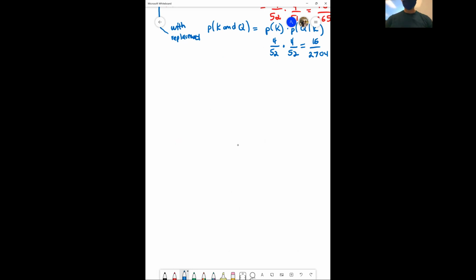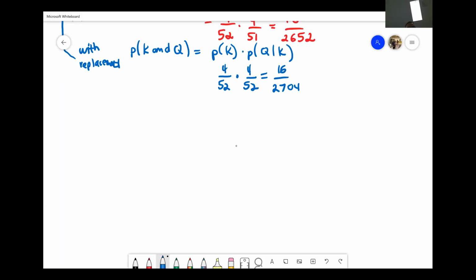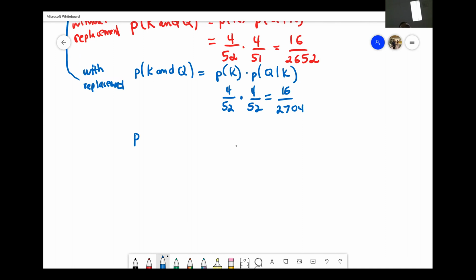Okay, so I'll give you this situation. What's the probability that when I toss a coin, I get tails, and when I roll a die, I get a 3?